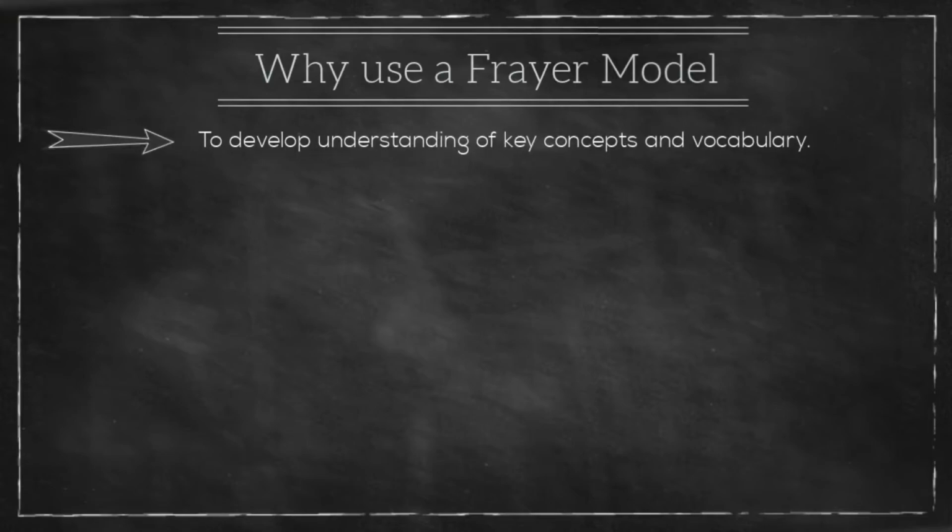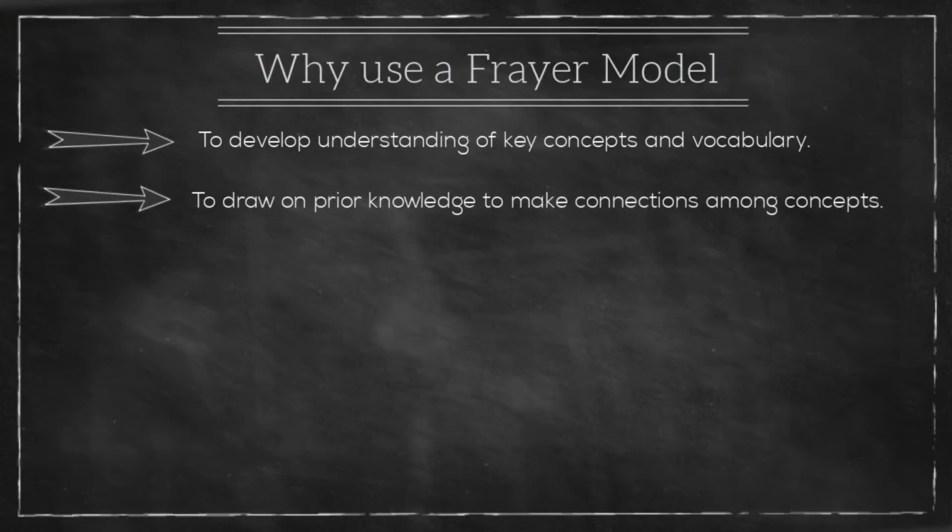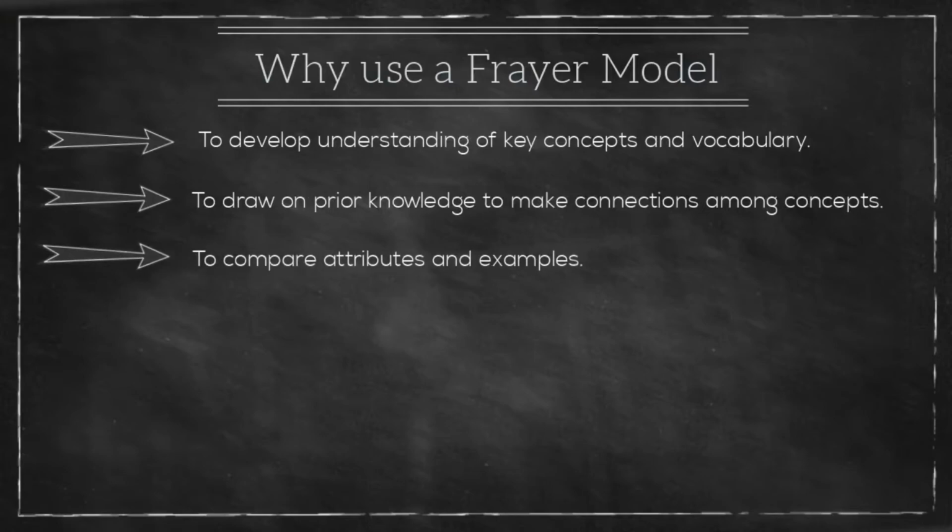So number one, it's to develop understanding of key concepts and vocabulary. Number two is to draw on prior knowledge to make connections among concepts. Number three, it's to compare attributes and examples.